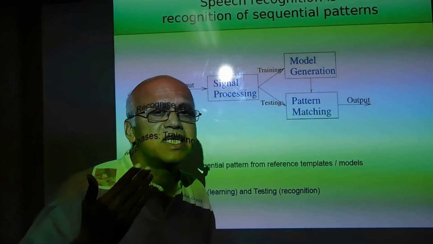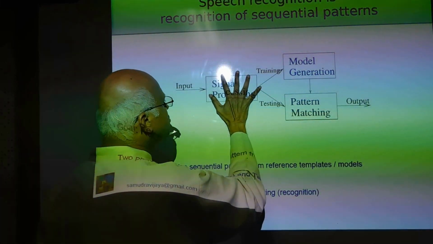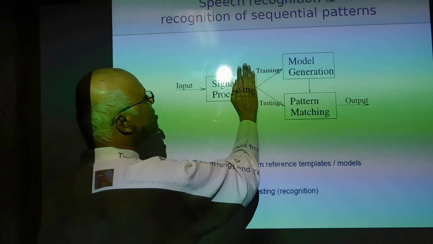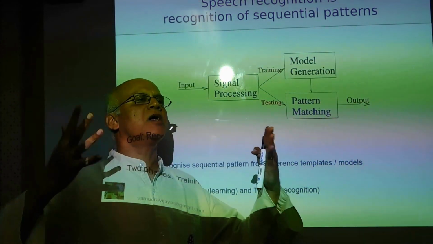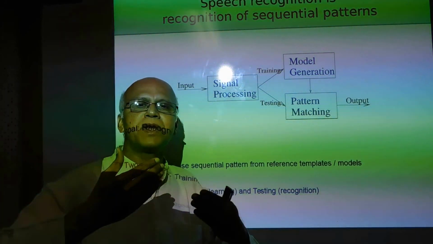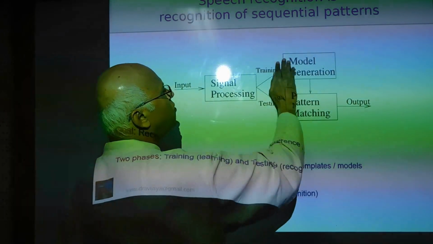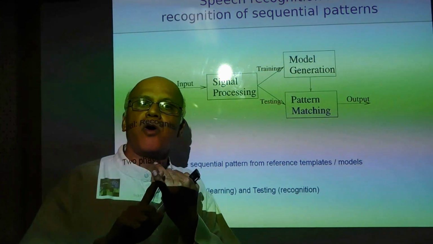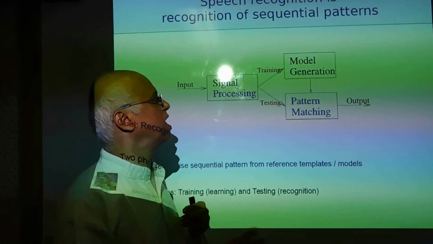In particular, when you are talking about speech signals, it is time-varying information. So we do the signal processing to extract some useful features, and using these features and taking a large amount of exemplar patterns, we build models for different patterns. In the case of speech sounds, we build acoustic models for each of the sounds in our language.